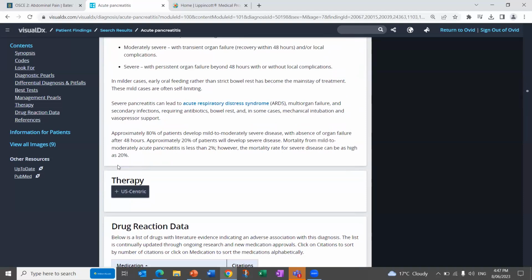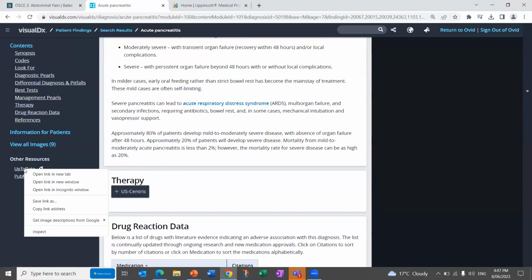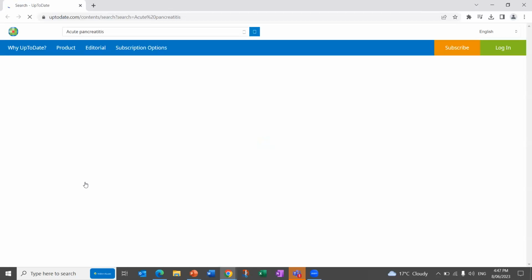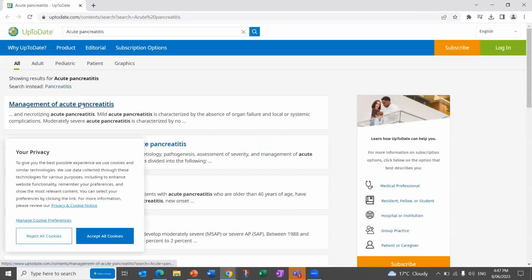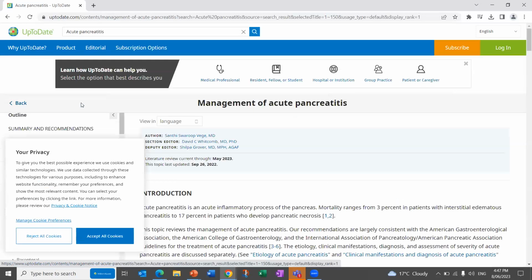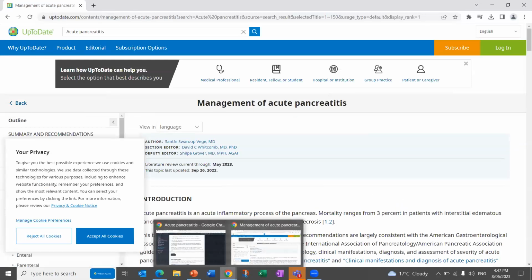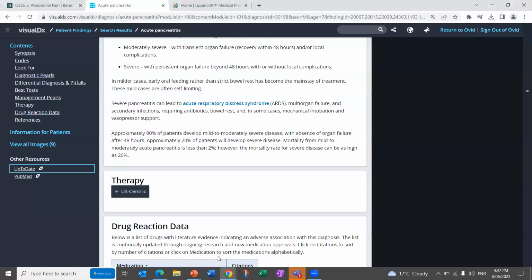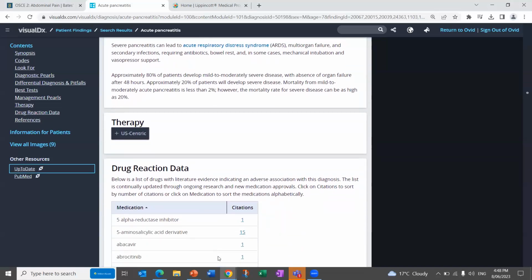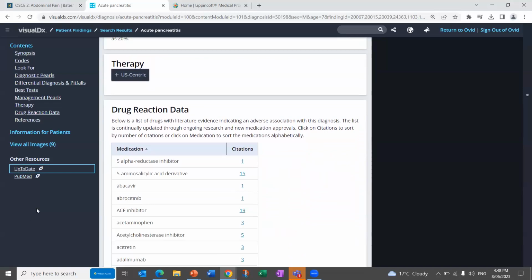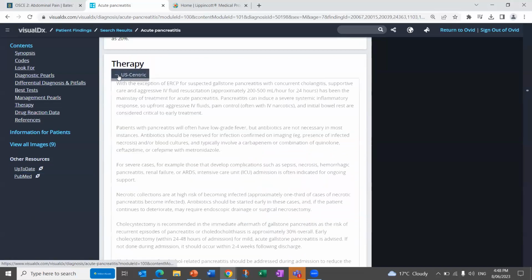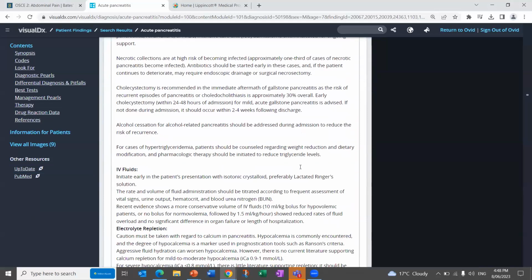If we have access to other information, we can zoom off to UpToDate and be able to see further information about that particular item. We're also able to find out more about the sorts of things that we can do for this particular patient in behind the links that we see here.